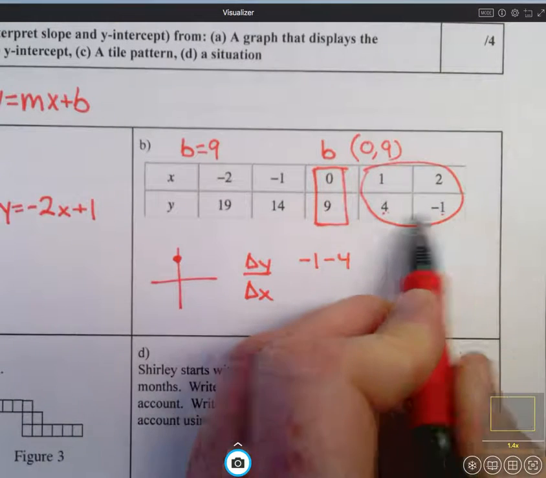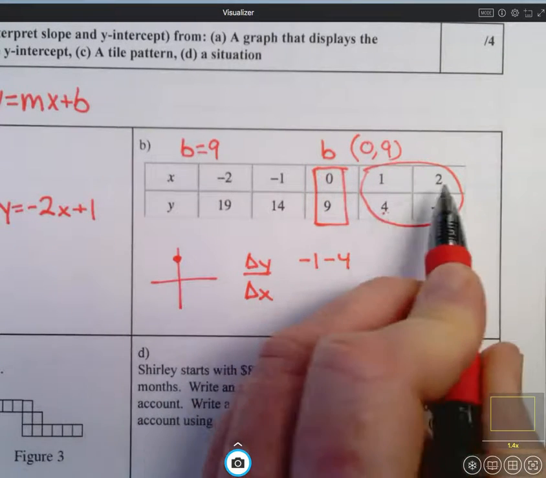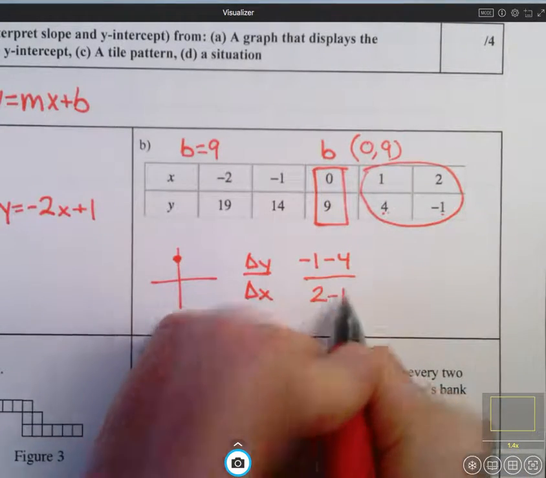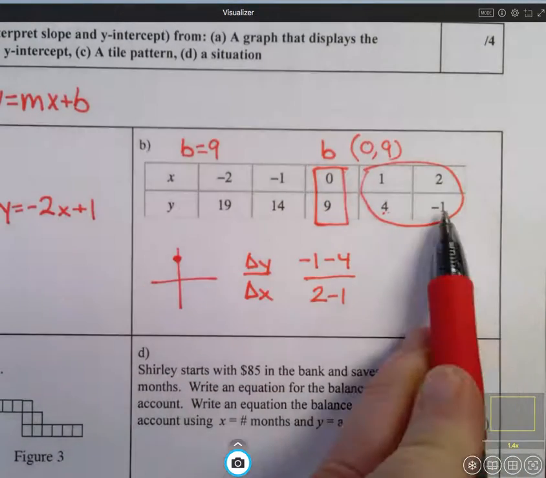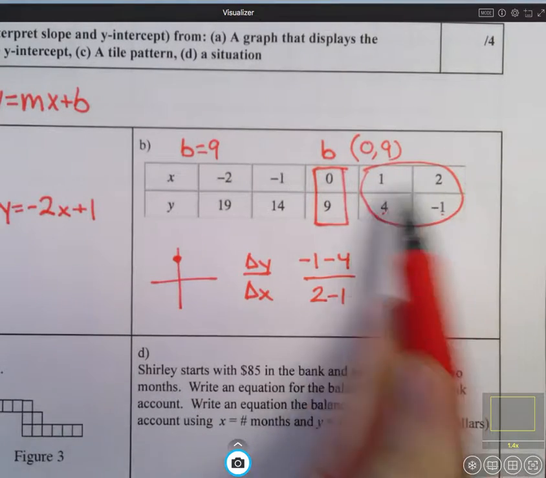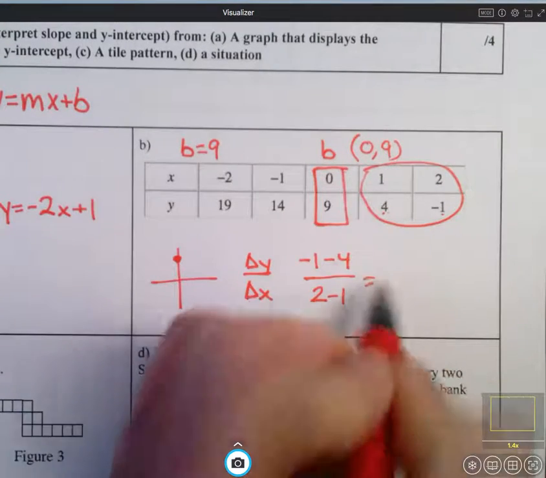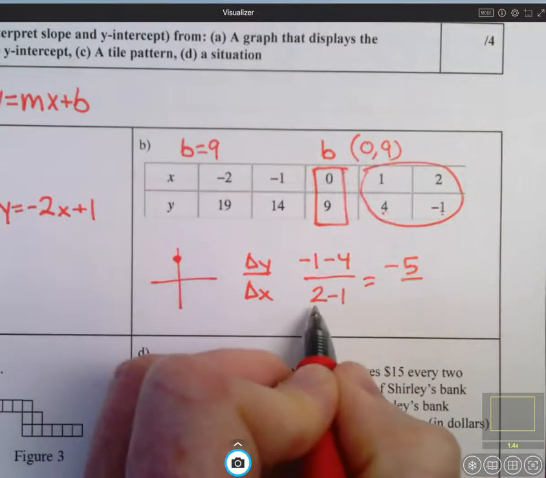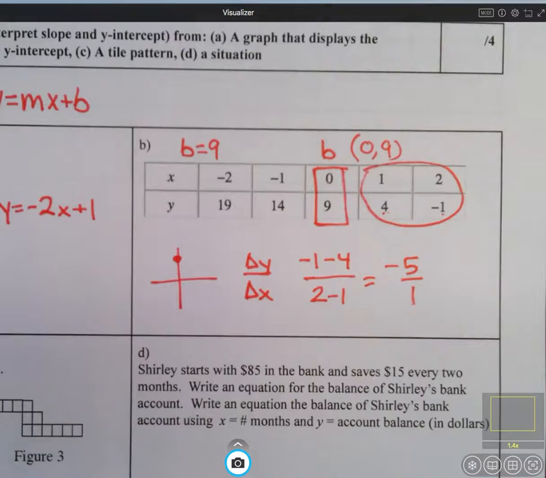-1 minus 4. That's my change in y. So then I'll do 2 minus 1 for x. -1 minus 4, 2 minus 1. -1 minus 4, that's -5. 2 minus 1 is 1.